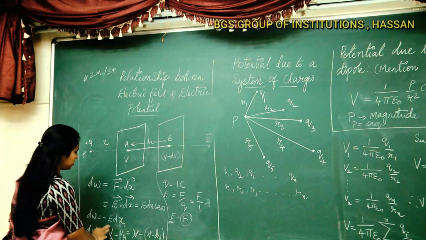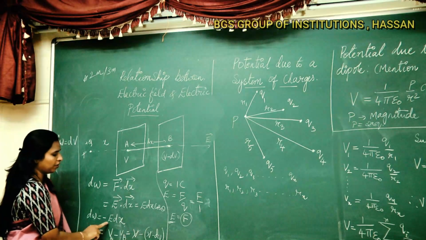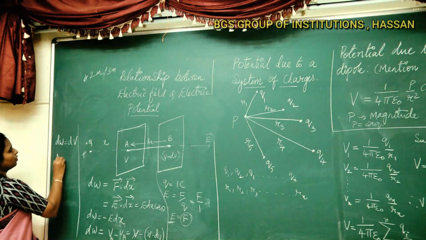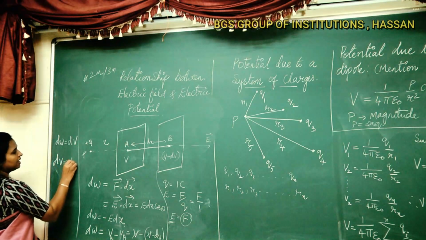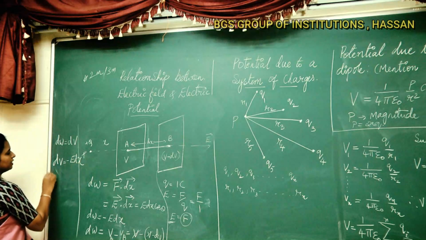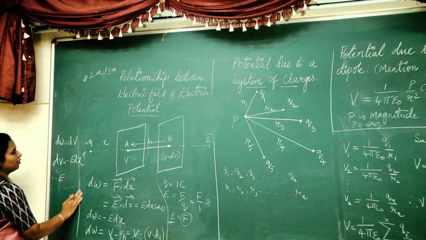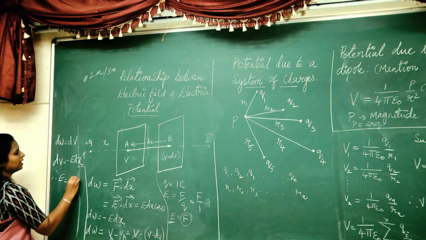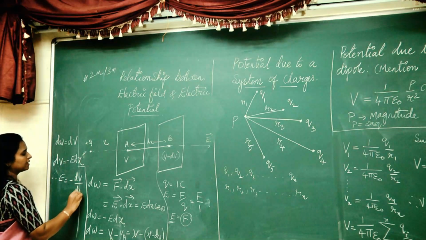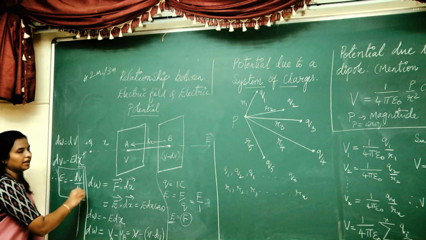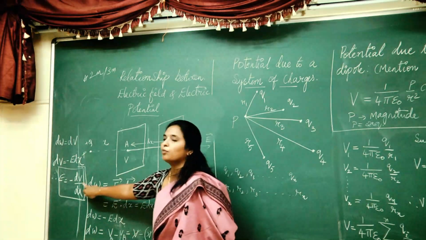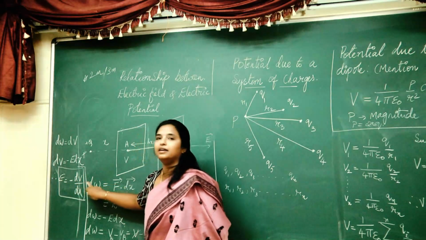Now I can substitute in the place of dW as dV. That is dV is equal to minus E dx. Therefore E is equal to minus dV by dx. So this is the relationship between electric field and the electric potential, E and dV.